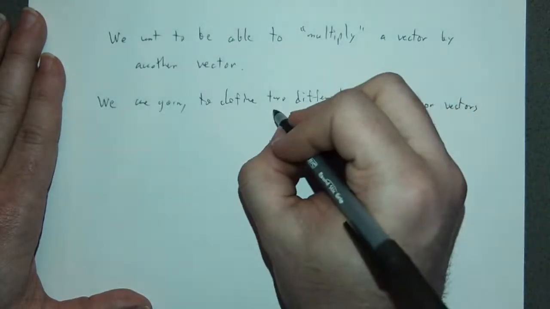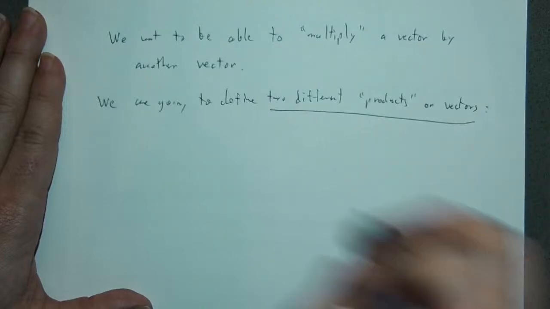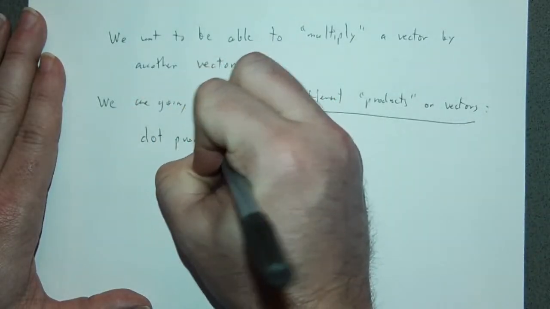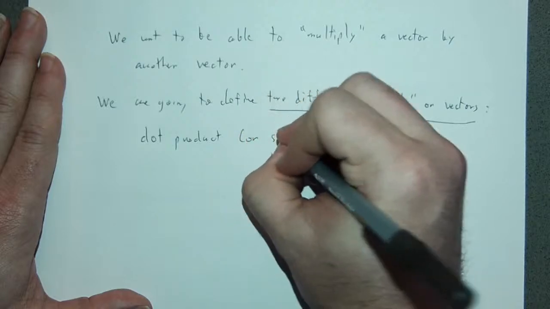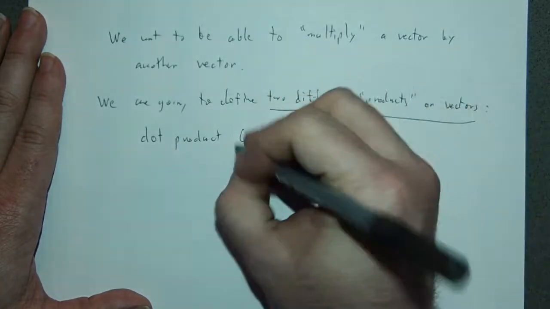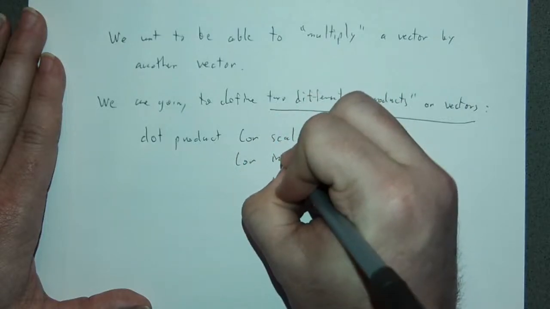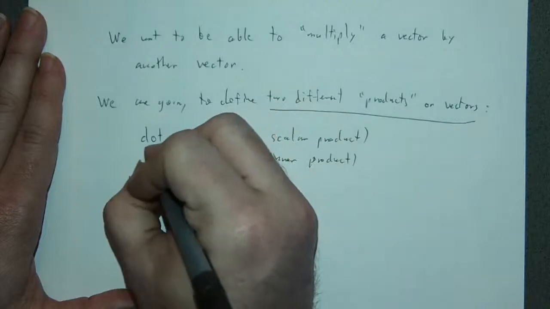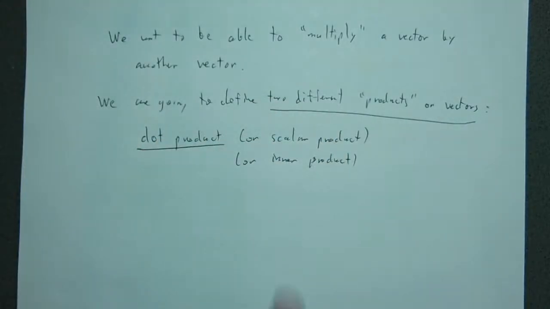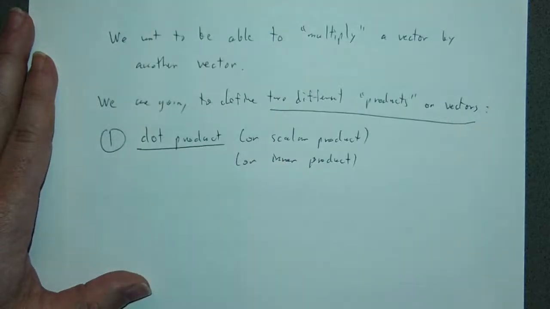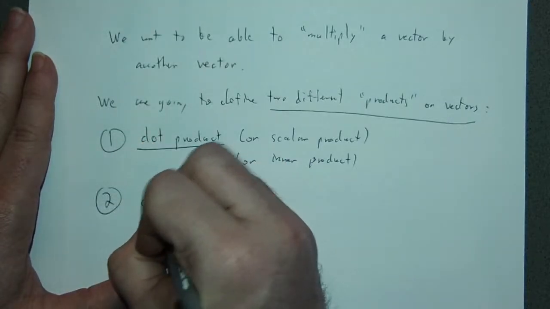And these are the dot product, or scalar product, or inner product. But we're going to use dot product usually, but these names are also fine. So that's the first one that we're going to talk about. And the second one that we're going to talk about is the cross product.